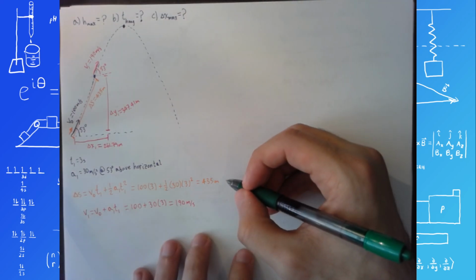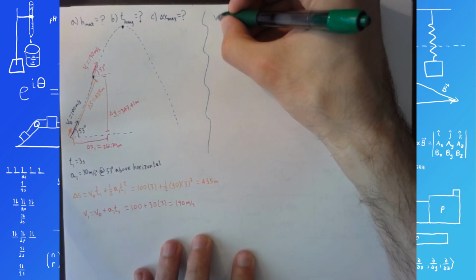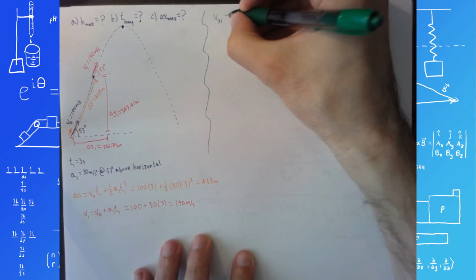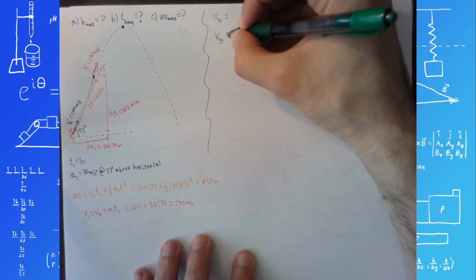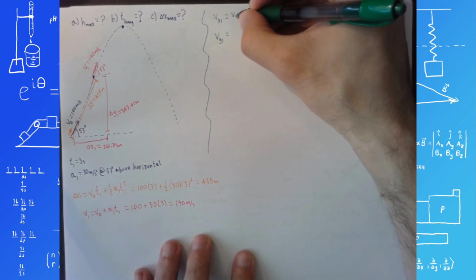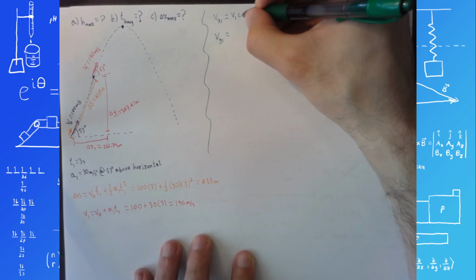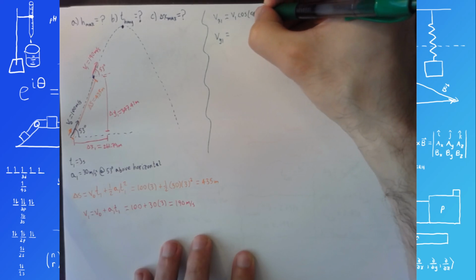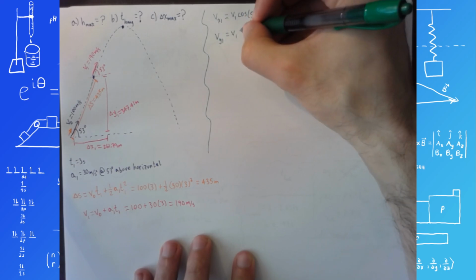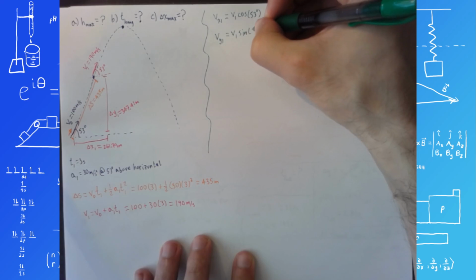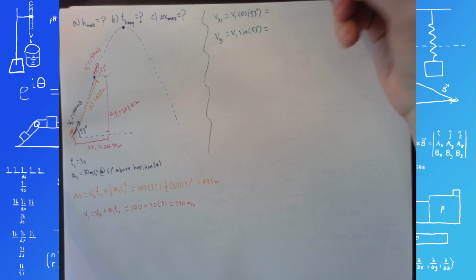So vx1 is v1 times cosine of 53, and vy1 is v1 times sine of 53. Let's see what those are.